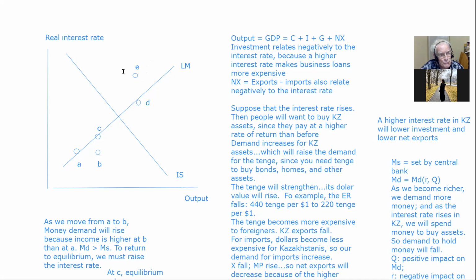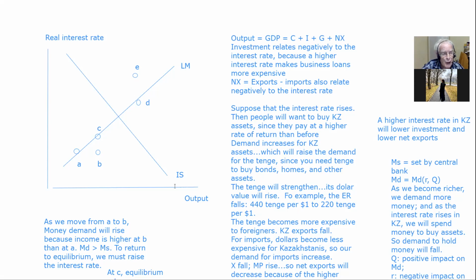But remember that when the interest rate rises, yes, the interest rate rises, but output remains the same as at point D. I'm not much of an artist, but I'm trying to draw these 2 points so that they're on the same vertical line.